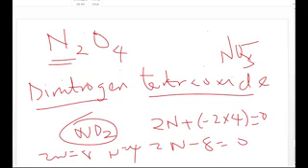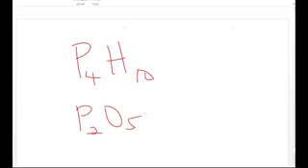Did we say dinitrogen tetraoxygen? No, you said dinitrogen tetraoxide. Okay, so use the same logic for that one. Tetraphosphorus decahydride. That is it. Decahydride. Is that clear to everyone?